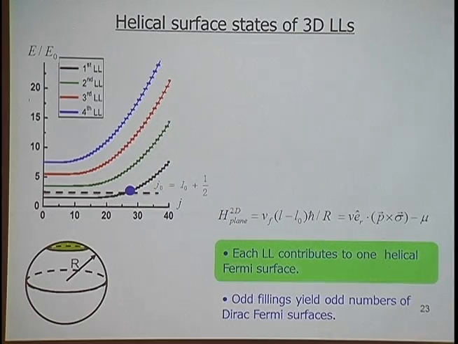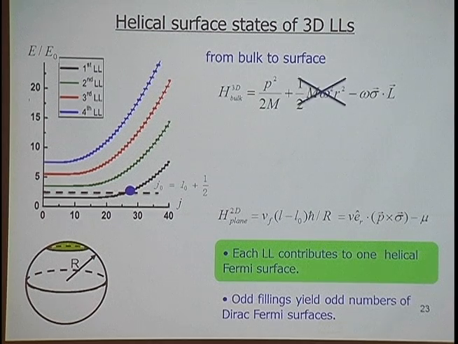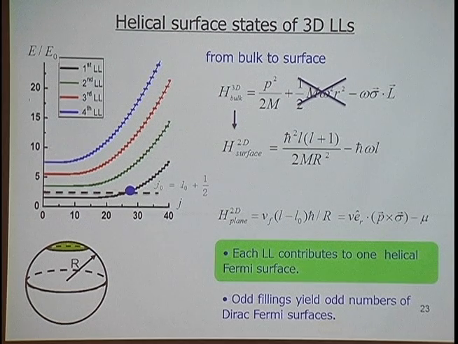Having talked about the bulk property, if we put such a system in an open boundary with a spherical geometry, the edge mode also exhibits this helical surface mode. And this is a numerical calculation of the spectrum.